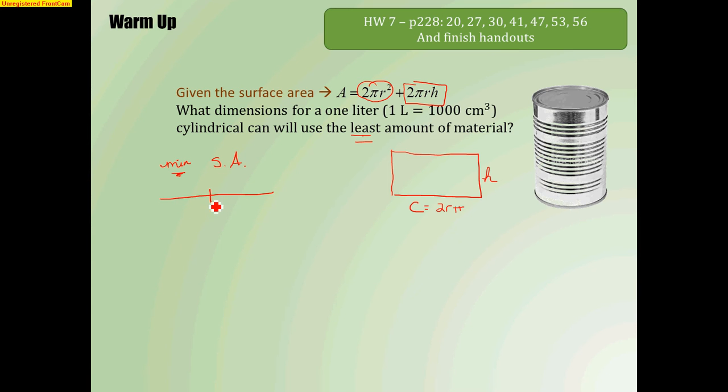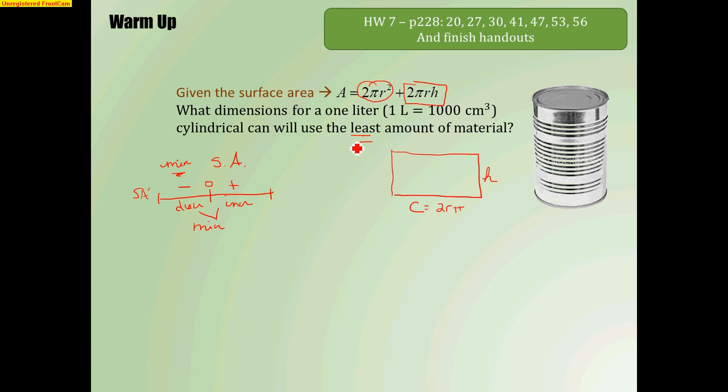I'm going to look to set the derivative of the surface area equal to 0. I'm going to consider endpoints. I'm going to look for where the derivative is equal to 0, and since I'm minimizing, I want my derivative to change from negative to positive, so I can show that my surface area is changing from decreasing to increasing, which of course would be a min. So this is my thought process. This is what I want to do after reading the problem.